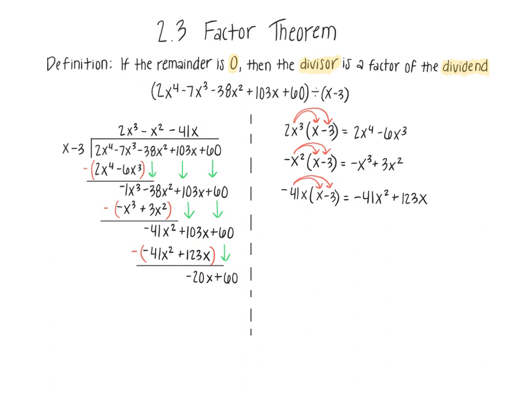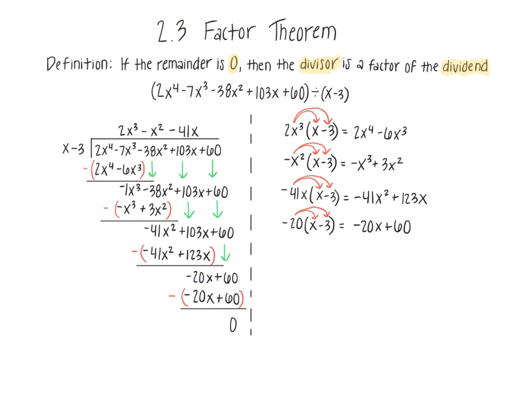And now, of course, I'm just going to multiply the divisor by -20 times (x - 3). And this is going to give me -20x + 60. So we bring that over here, -20x + 60. I'm going to place that inside of parentheses. And here we end up with 0.